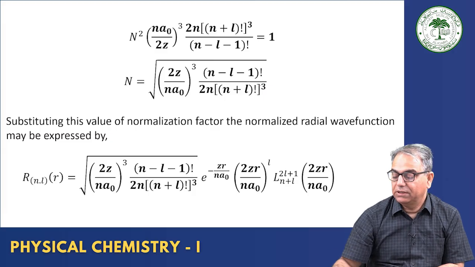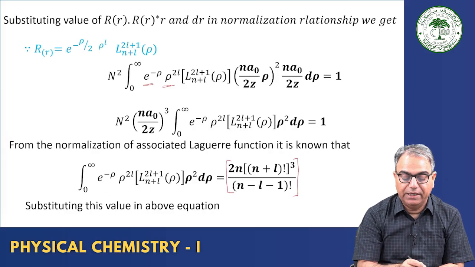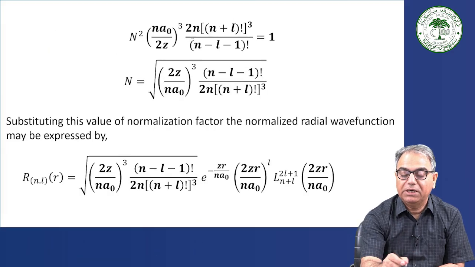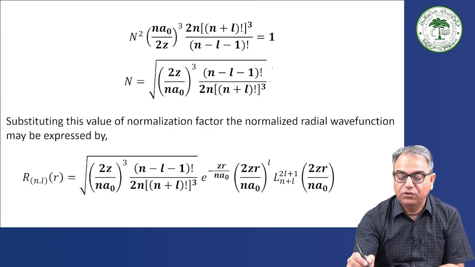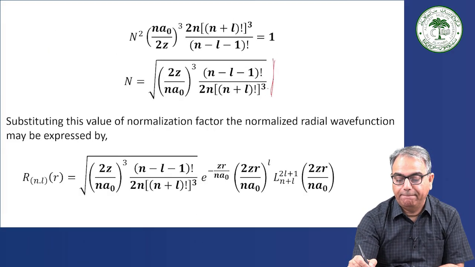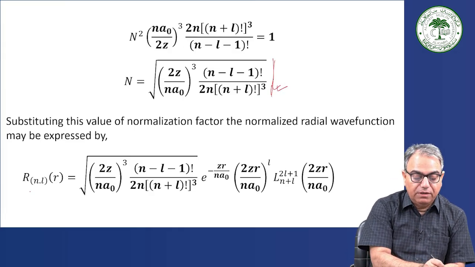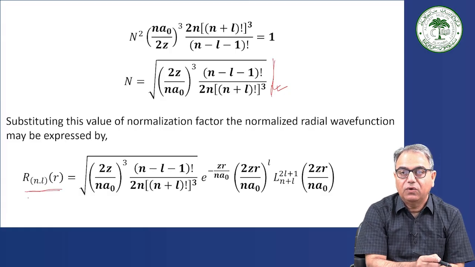Okay. So, this was your integral, and now it is N square multiplied by this one. So, this is your normalization constant.